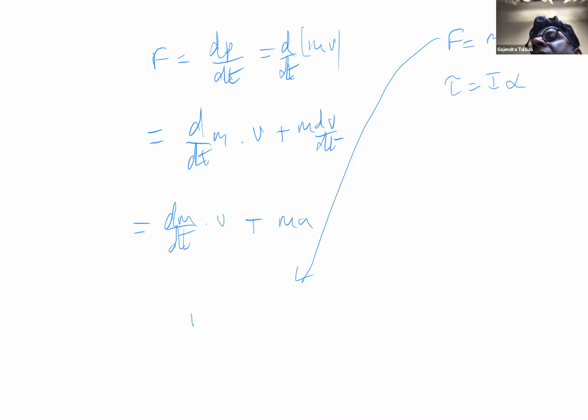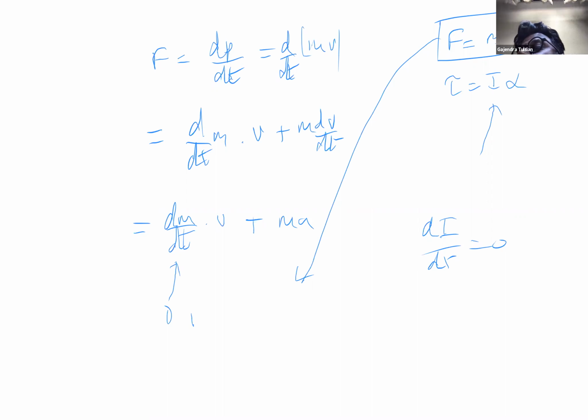So this formula was good as long as this term was 0. That is, the mass of the object was not changing. So similarly, this formula is good if dI by dt is 0. That is, the moment of inertia of an object is not changing.